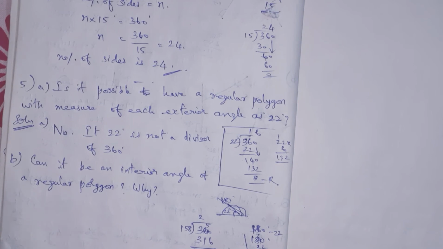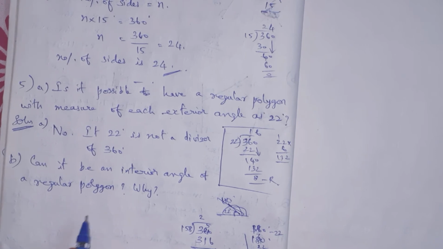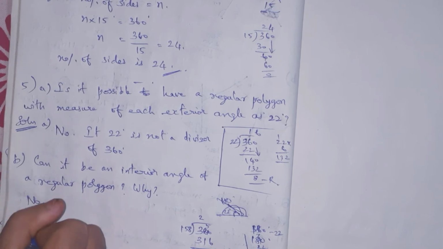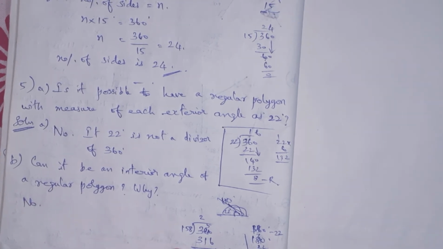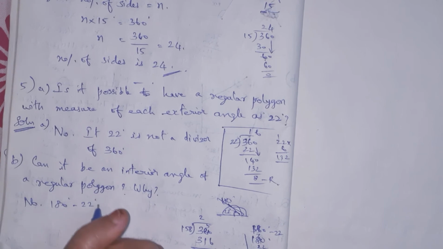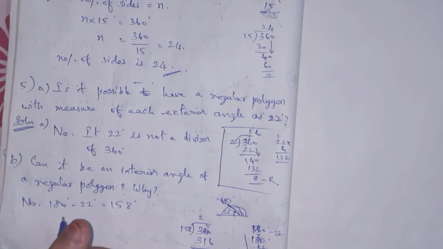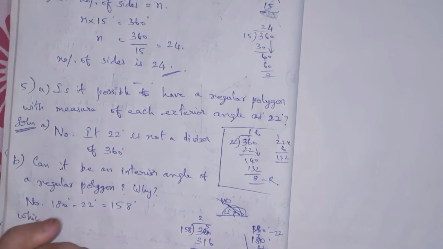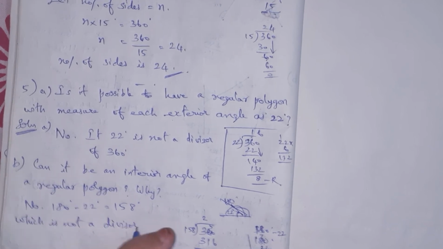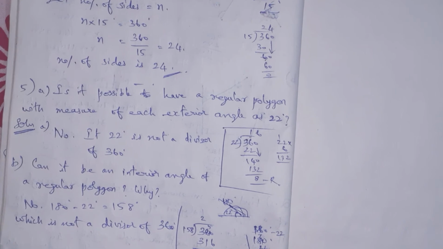Having a remainder, it is not a regular polygon, so 158 is not a divisor of 360 degrees. No.